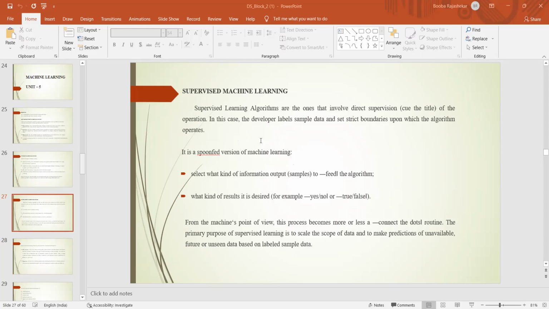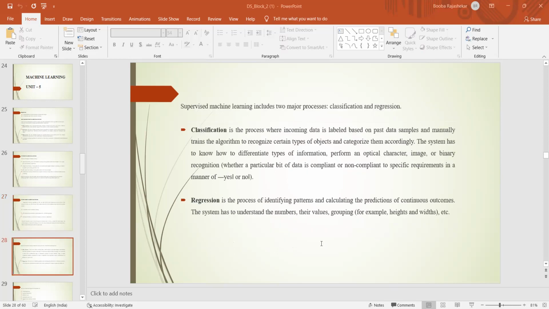You select what kind of information to give for the samples and what results are desired. This process becomes more or less connecting the dots. The primary purpose of supervised learning is to scale the scope of the data and make predictions of unavailable future or unseen data based on the labeled sample data.